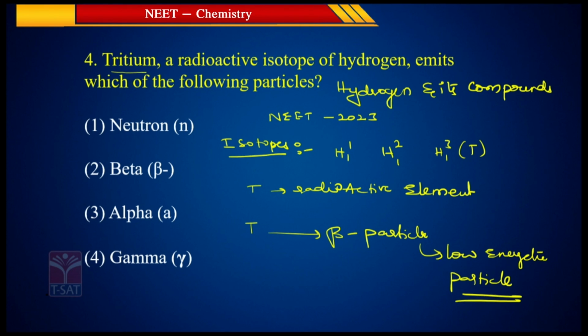So option 2 is correct for this question. How many isotopes do you have for hydrogen? 3 isotopes. The radioactive isotope of hydrogen is tritium, and as it is radioactive, which particle will it emit? Beta particle.